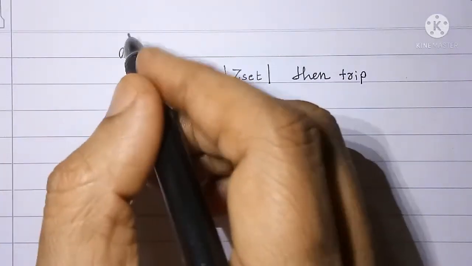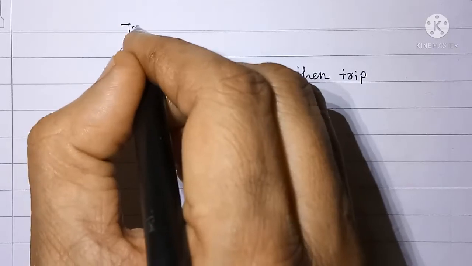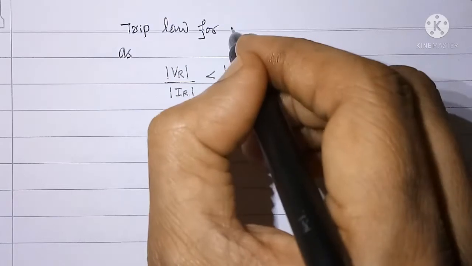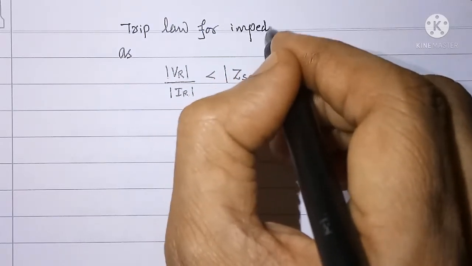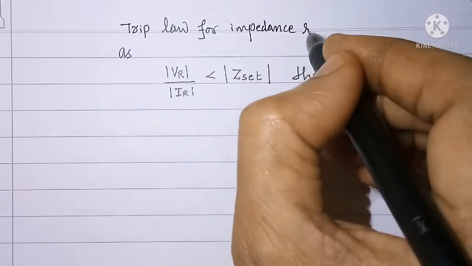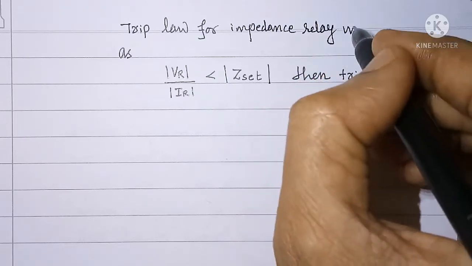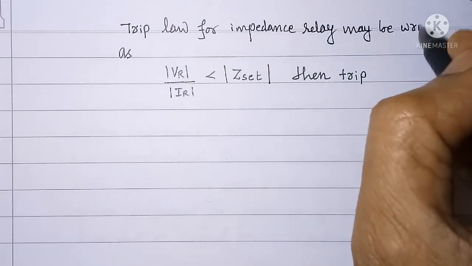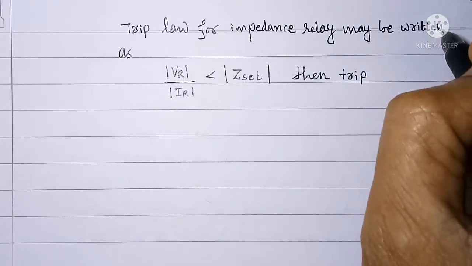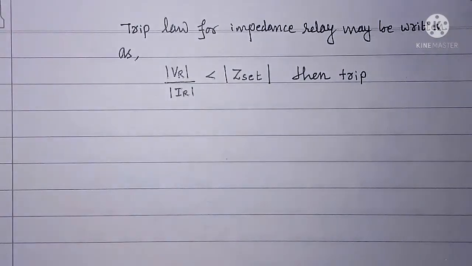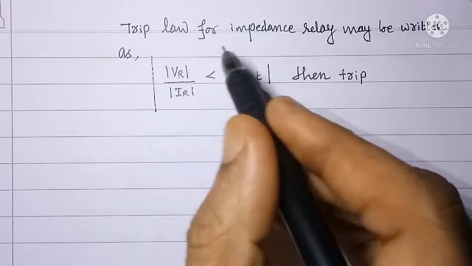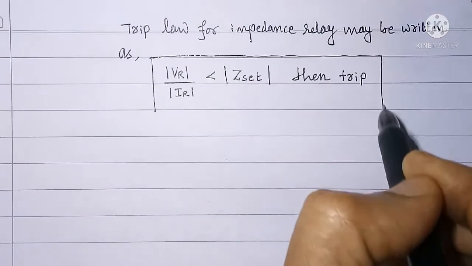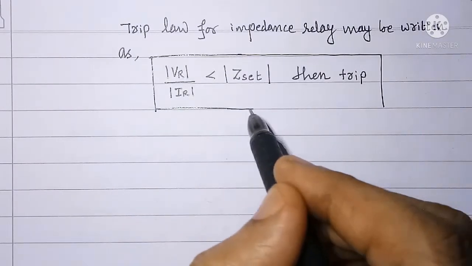So you can now write here, trip law for impedance relay may be written as VR magnitude by IR magnitude less than magnitude of Z set.